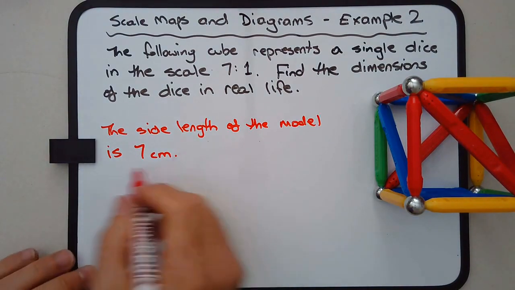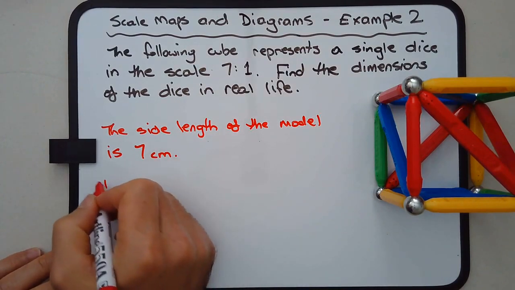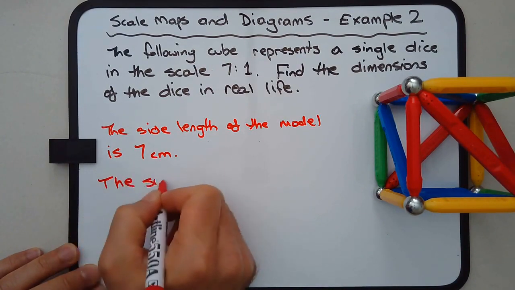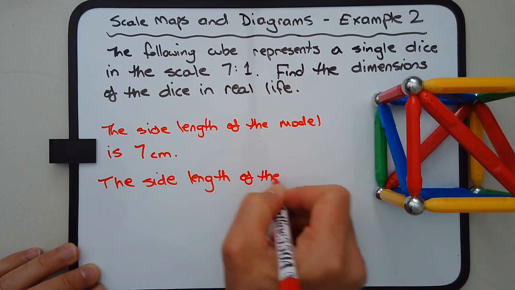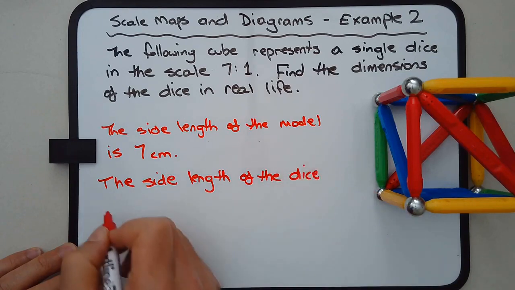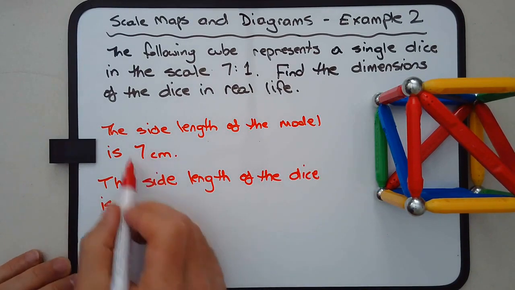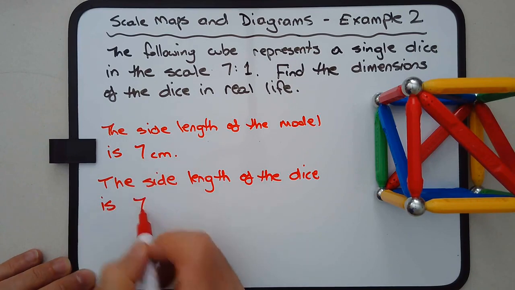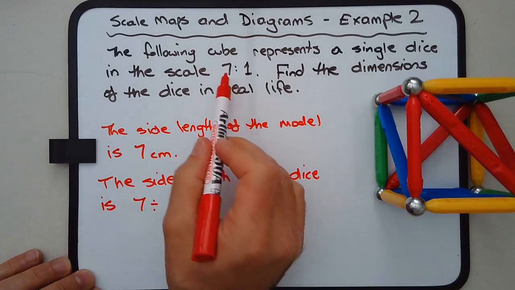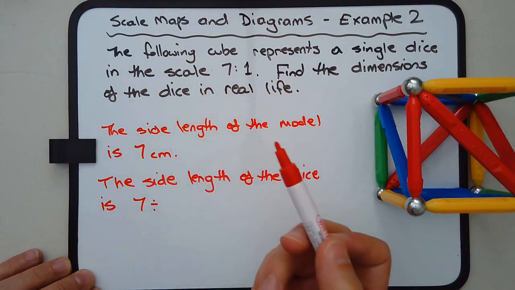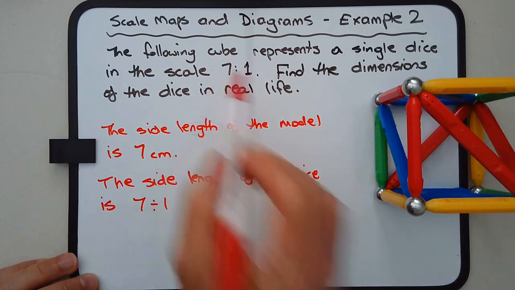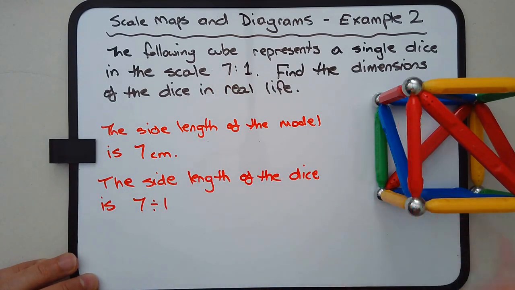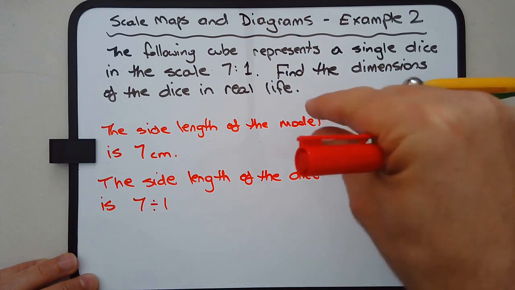In reality, we take the model dimensions, so that's going to be the edge length here, which is 7 centimeters, and we're actually going to divide it by the scale. Instead of multiplying it by a number to make it bigger, we're actually going to divide it now by 7, because every 7 centimeters on the model represents 1 centimeter in reality.